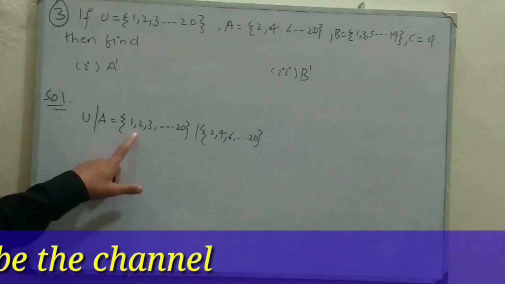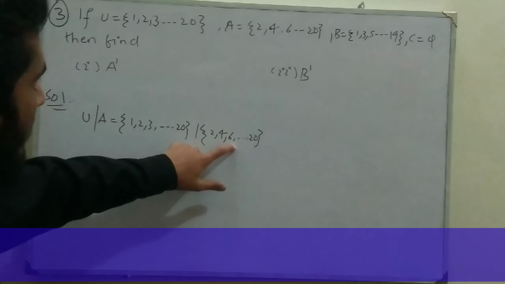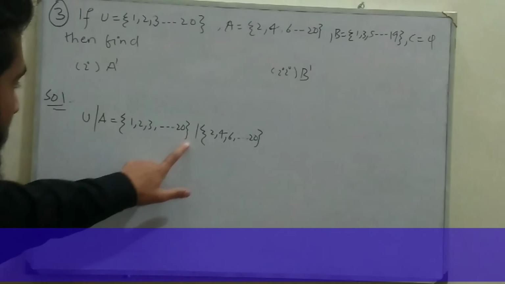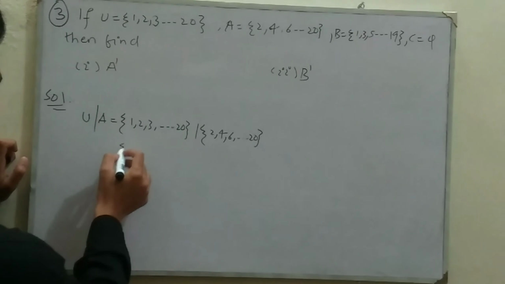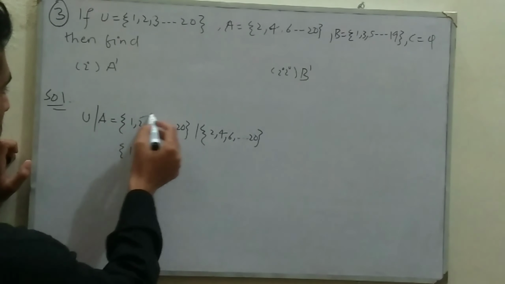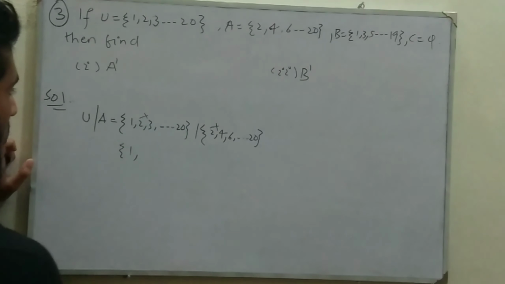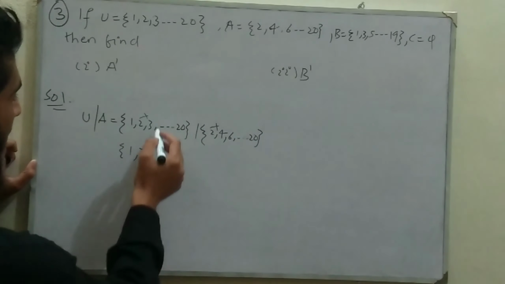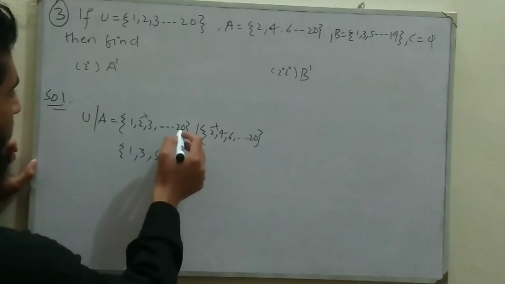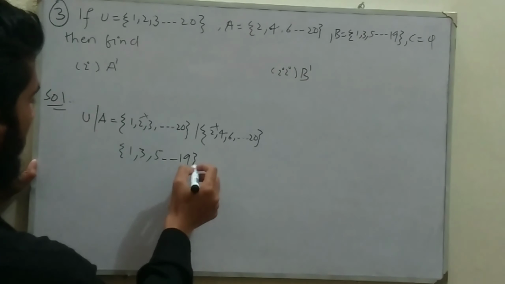Those elements which are included in the first set and not included in the second set will be our answer. So 1 is included in the first set and not in the second, so it is in the answer. 2 is included in both sets, therefore it is not in the answer. Those elements included in just the first set are 3, 5 and so on up to 19. This is the complement of A.